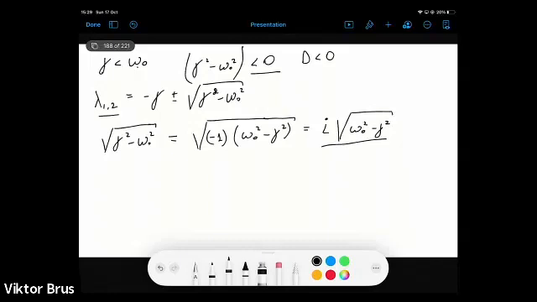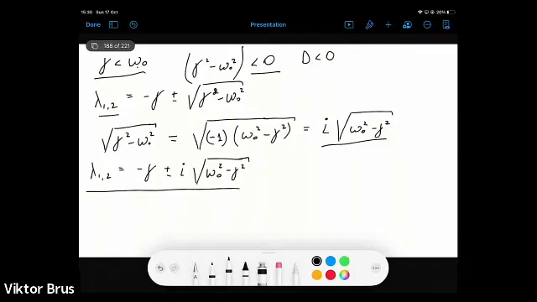So now our complex solutions for lambda 1 and 2 will be minus gamma. This term is real. And then it will be plus minus i, the imaginary component of our solutions, times square root omega naught square minus gamma square. Okay, so that will be the solution of our characteristic equation, assuming the underdamped case when gamma is smaller than omega naught.